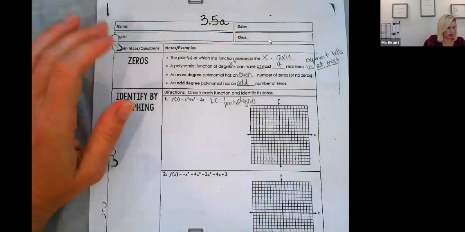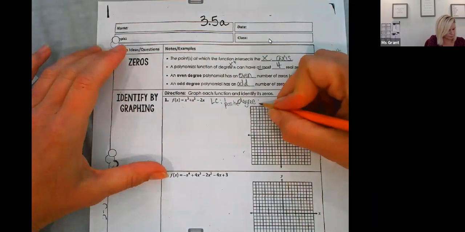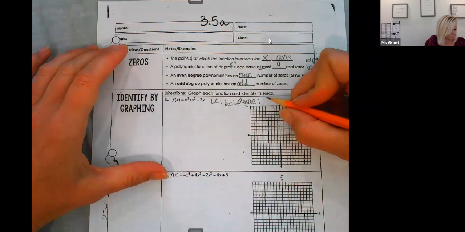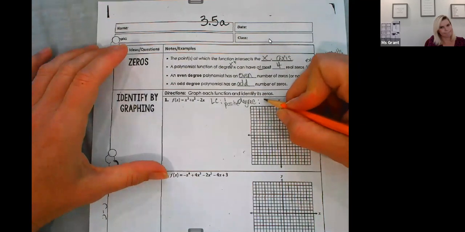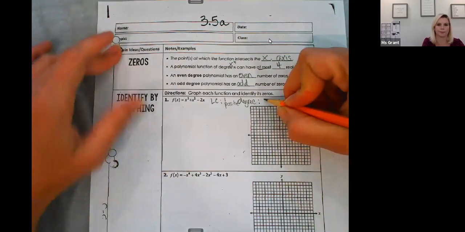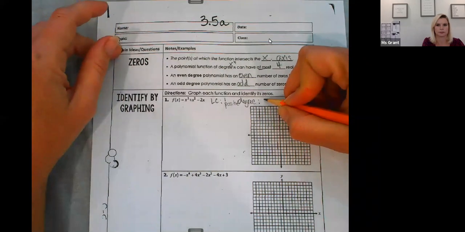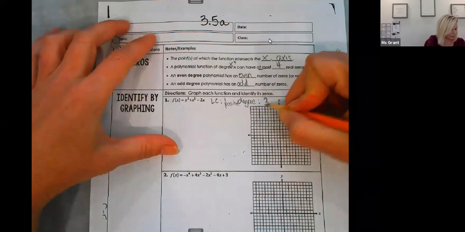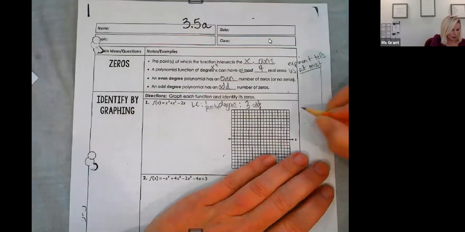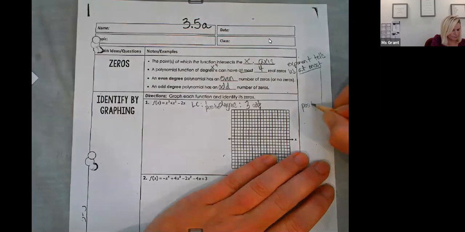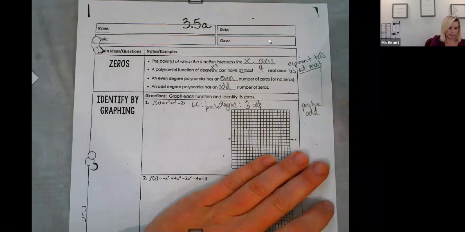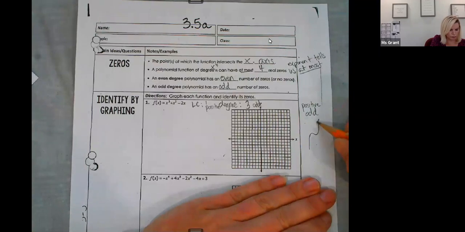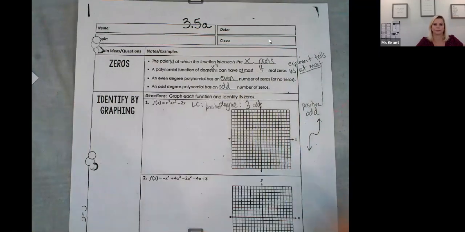My degree, Colin, is what? What degree is my whole equation to? Josefa? 3. 3, which is odd. Reminder, a positive odd function looks like this. Flashback from like a week or 2 ago, right?